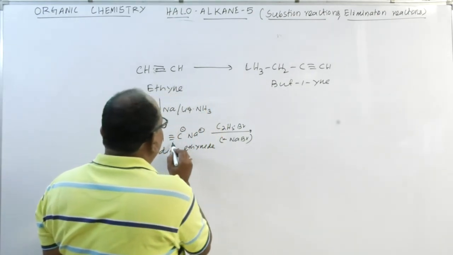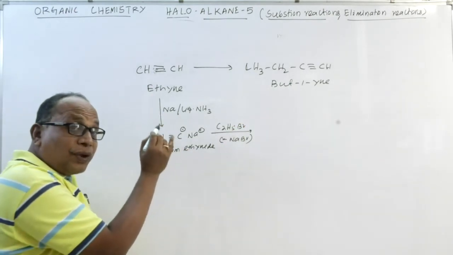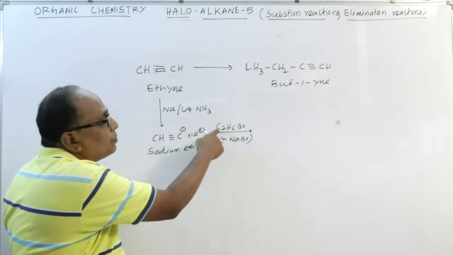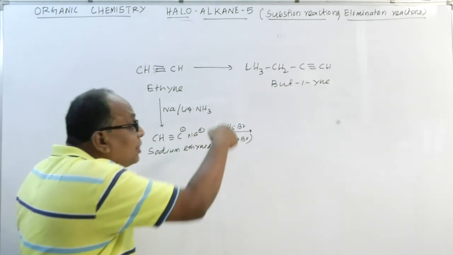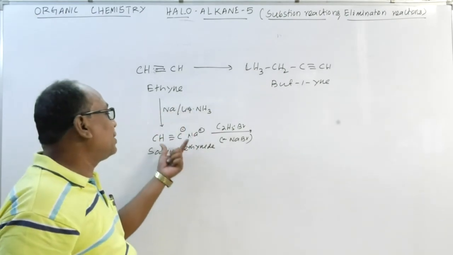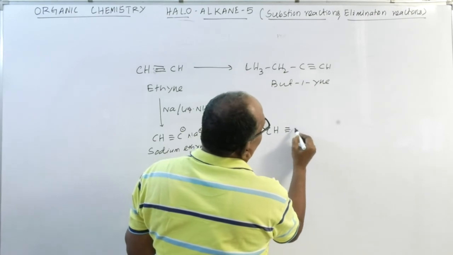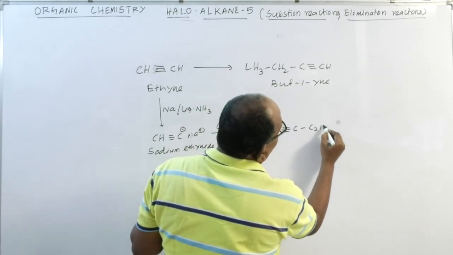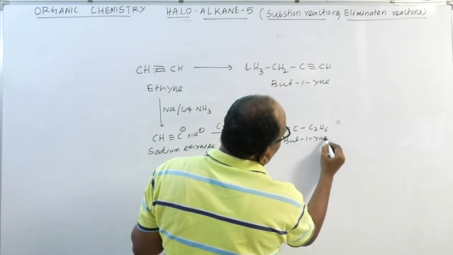For this one, it is called electrophilic substitution reaction, because this one is replaced by this one. Na plus is replaced by C2H5 plus. But for this one, it is a nucleophilic substitution reaction. So it becomes CH triple bond C C2H5. This is your but-1-yne.